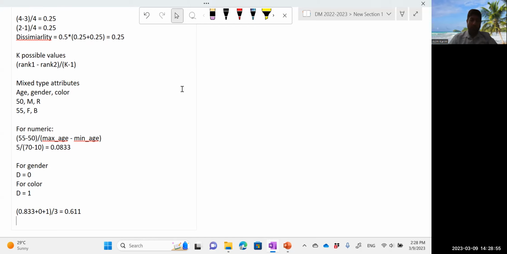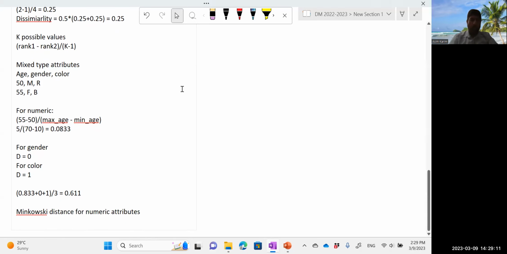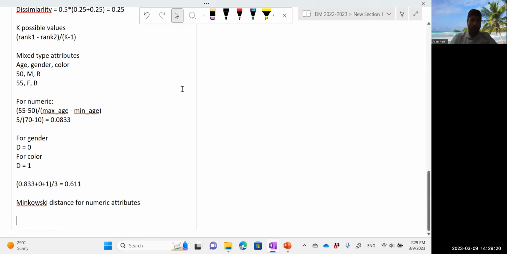So a special case is all numeric attributes. We talked about numeric attributes and we talked about Minkowski distance, for example. All numeric attributes also arise in textual data sets. For those, the cosine similarity is commonly used.